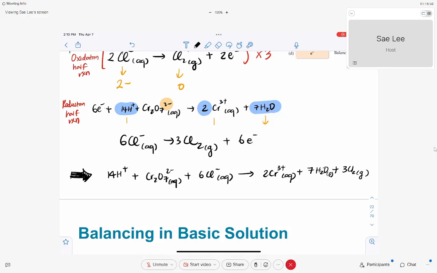Okay, so this is the perfectly balanced equation.